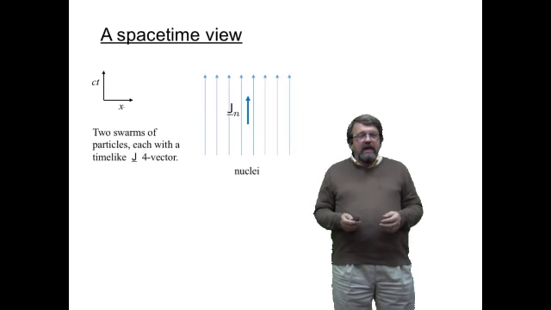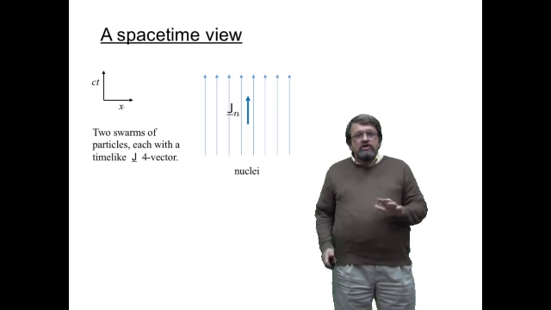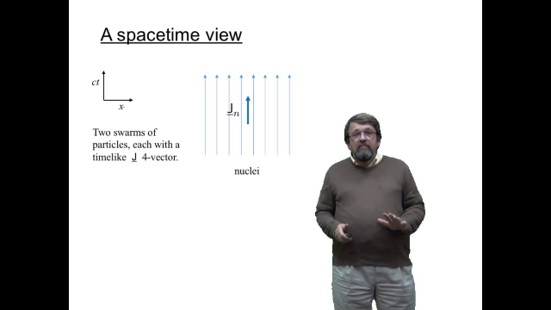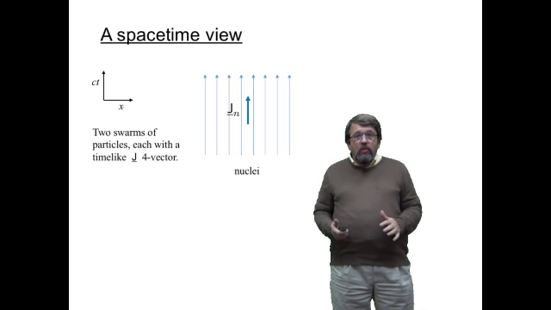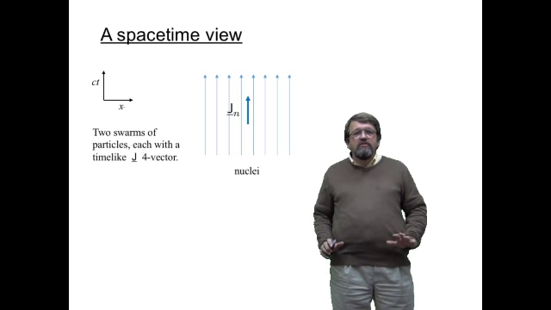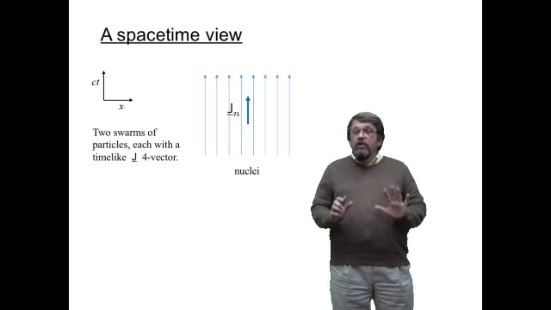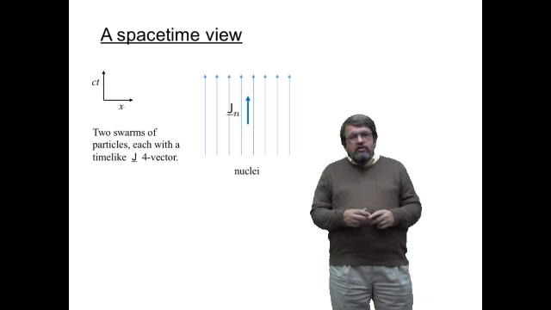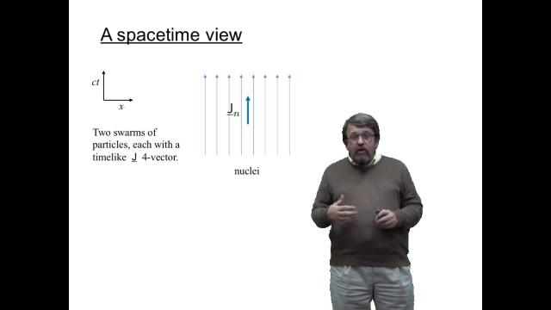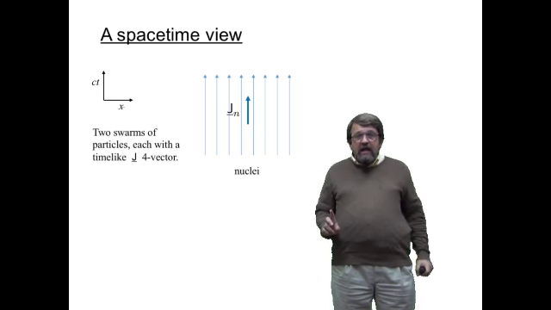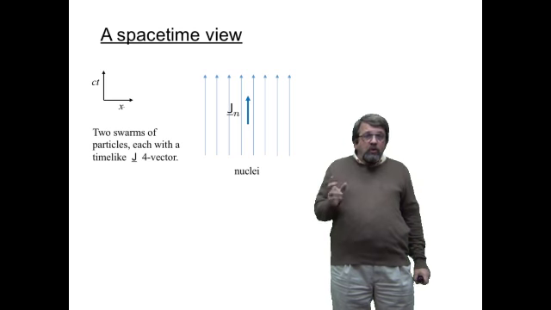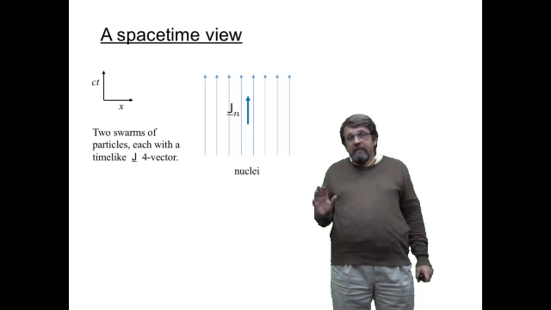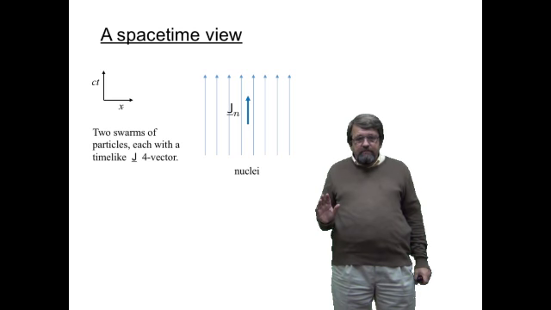Let's see what this looks like in space-time. We imagine the positive charges, the nuclei in the wire, as a whole collection of world lines that are vertical in our space-time diagram because the nuclei are at rest. The current 4 vector for those nuclei, the thing that describes the flow of charge, is a time-like 4 vector that points toward the future because the nuclei are positively charged.